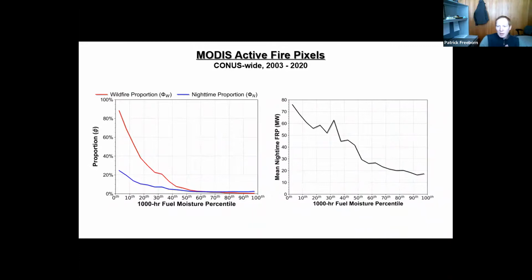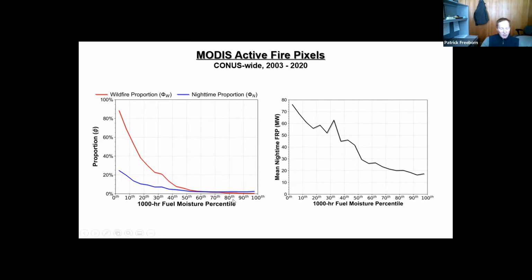And those breakpoints or thresholds are usually set up based upon the ignition of new wildfires. And so what we've been thinking about is maybe incorporating the MODIS active fire pixels into that decision-making process.